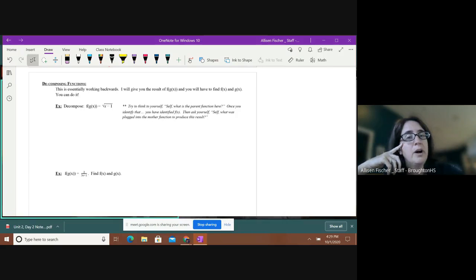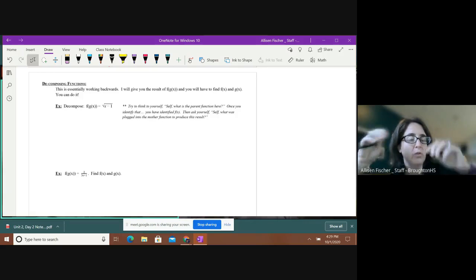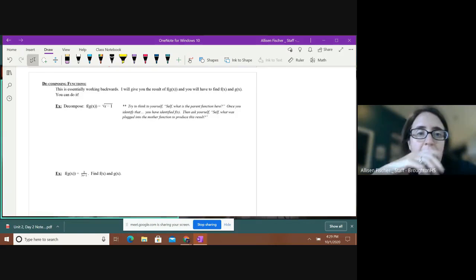So it's like a little puzzle. I've put a little hint on your paper here. It says you need to think to yourself, which one of these was probably a parent function? And then that's probably your f of x. And then the other thing that you can see there would have been the input.